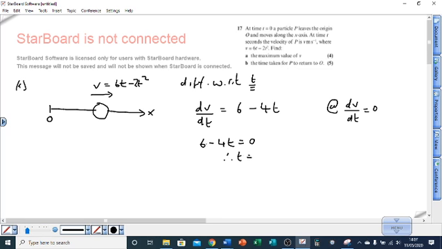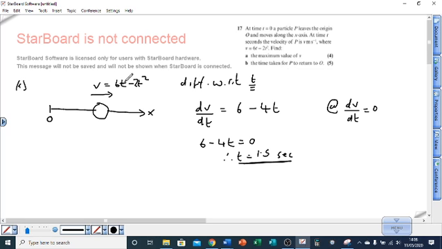Therefore, t equals 6 over 4, which is 3 over 2, 1.5. Okay, so 1.5 seconds it occurs at.